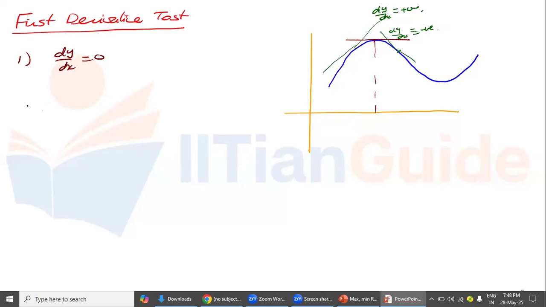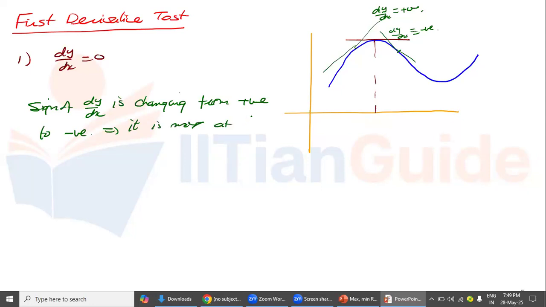But anyway, for maximum, I'm writing the statement: the sign of dy by dx changes its sign from positive to negative. That means it is maximum at that point.